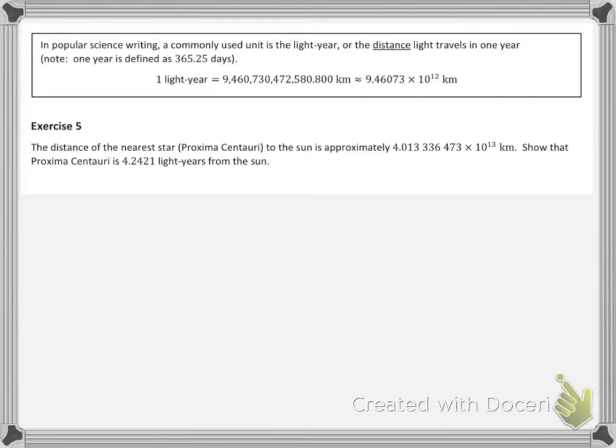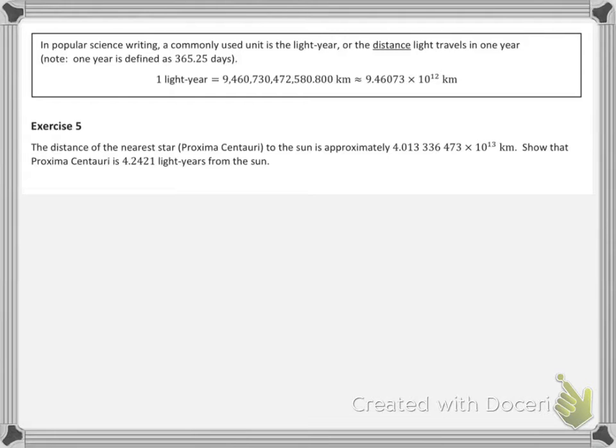Our job is to figure out exercise 5. The distance of the nearest star, Proxima Centauri, to the Sun is approximately 4.013336473 times 10 to the 13th kilometers. Show that Proxima Centauri is 4.2421 light years from the Sun.